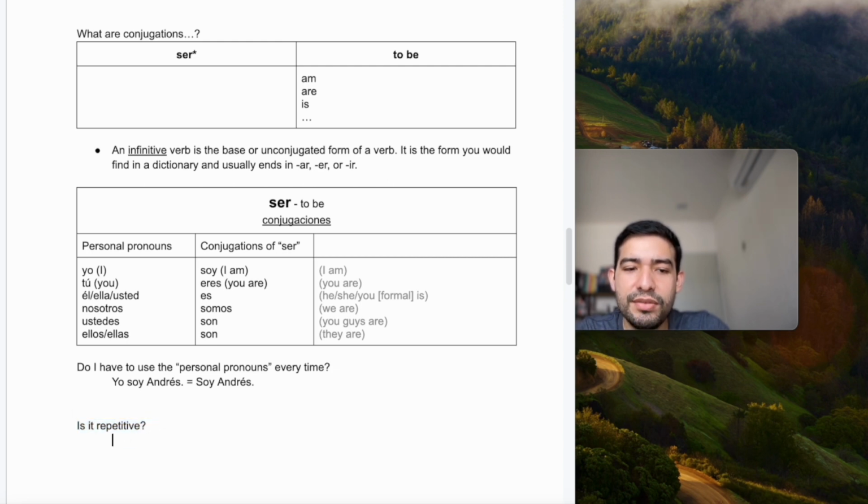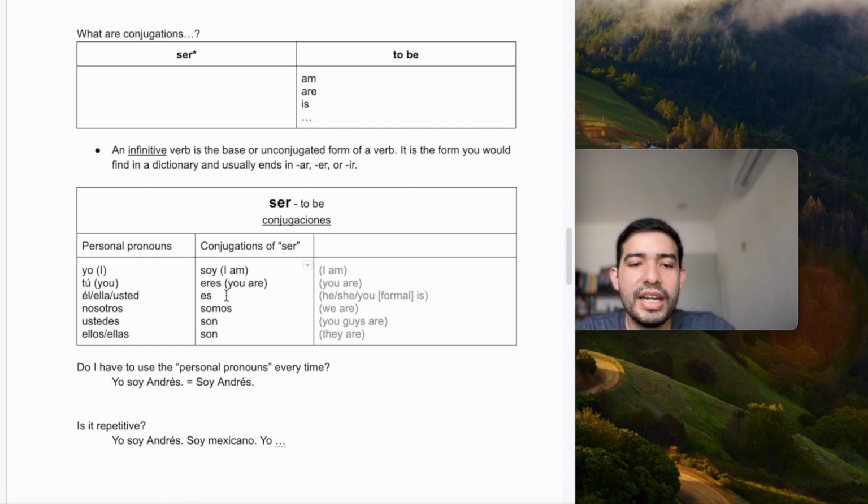Is it repetitive? If you always say, yo soy Andrés, yo soy mexicano, yo blah blah blah, yes, it does get really repetitive, right? And just as a tip, you can use it first and then drop it, right? Yo soy Andrés, soy mexicano, blah blah blah.